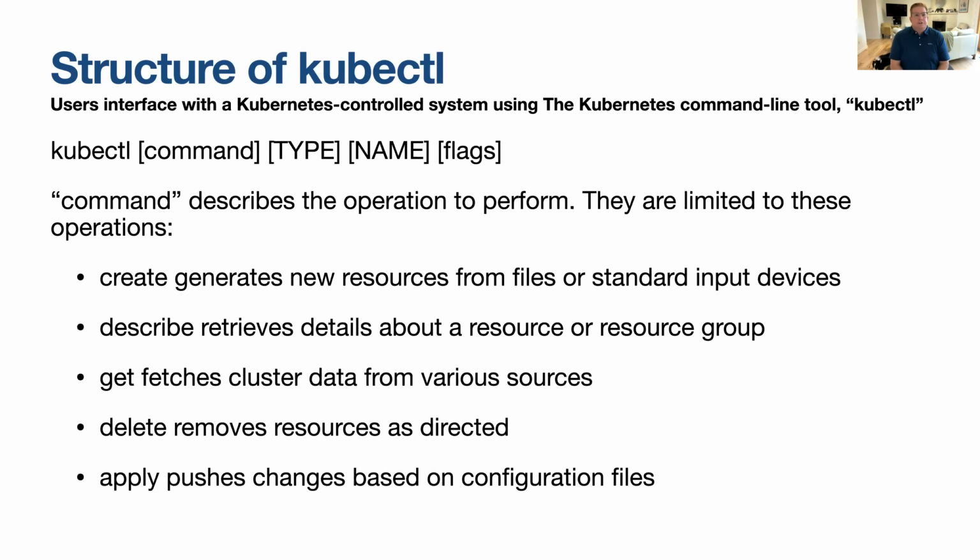And here's the structure of this command. So it always starts with kubectl. You'll get very used to typing that. The next portion is the command. What do you want to do? And they're limited to these operations. Create generates new resources.